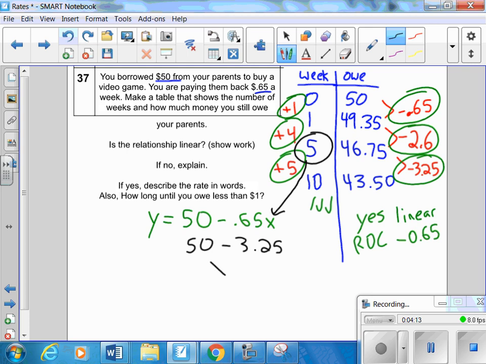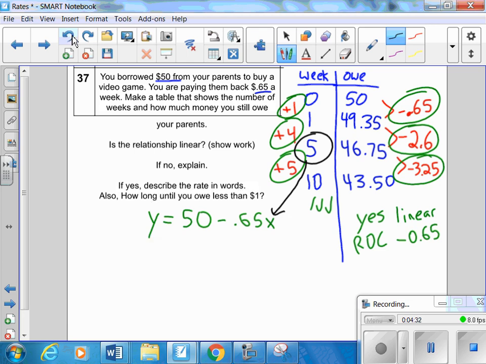And then if you subtract these, you're going to get 46.75. That's what y is. That's how much you owe them after 5 weeks. I already have that right here, 46.75 after 5 weeks. So that's your equation.